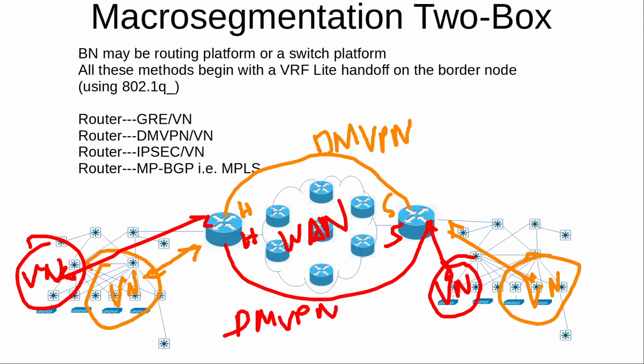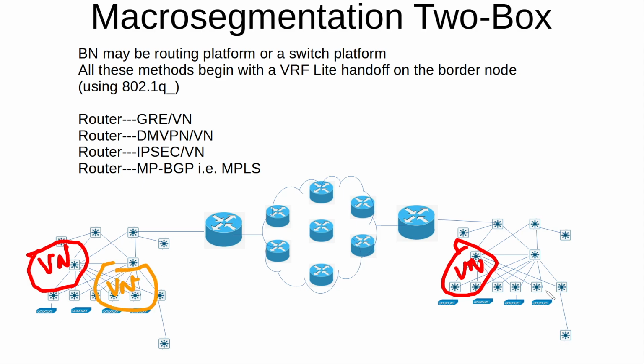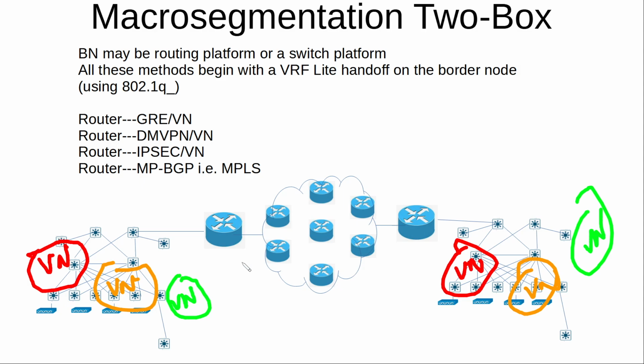You can also use multi-protocol BGP. For instance, if you have several VNIDs, your red VNID, your orange VNID, and you had a green VNID, and you could talk with your MPLS provider.